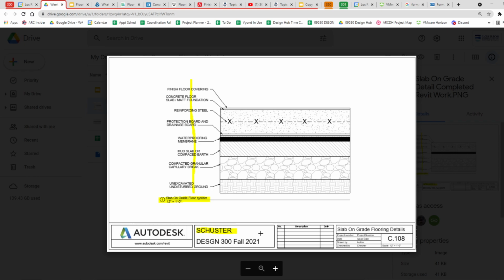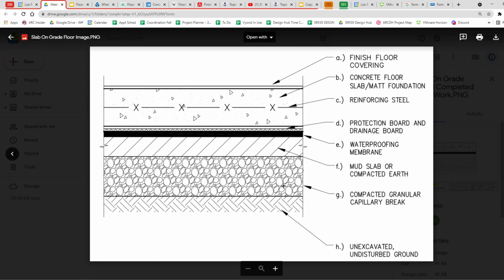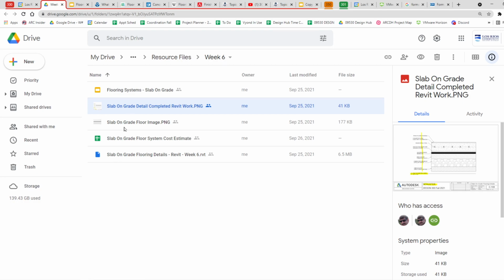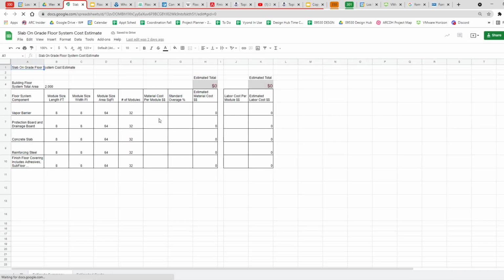If you just take a snip of this, or if you take a snip of the video where I show it, where it's kind of done, it won't be as good. I'll show you how to do the slab on grade calculations on Thursday, as well as the Revit drawing on Thursday. It won't take you that long.